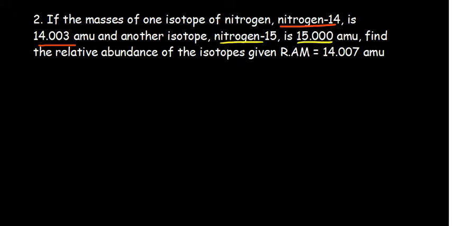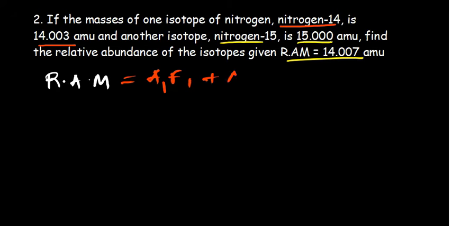Find the relative abundance of the isotopes given that the relative atomic mass is that. So we've been given the relative atomic mass. Remember, our formula is the relative atomic mass is equal to the atomic mass multiplied by the abundance, just like that. So substitute quickly.